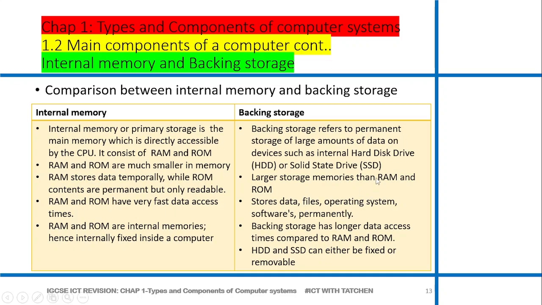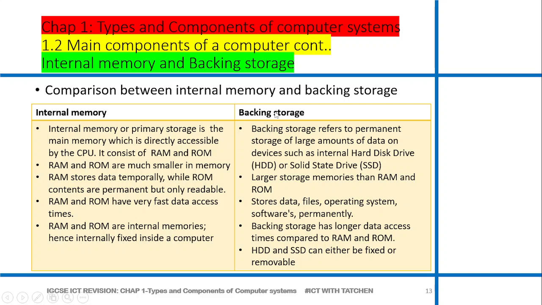And under this main component of a computer, the other thing we need to compare is the internal memory and backing storage. Basically, internal memory is a primary storage which constitutes the RAM and the ROM, and they are directly accessible by the CPU.